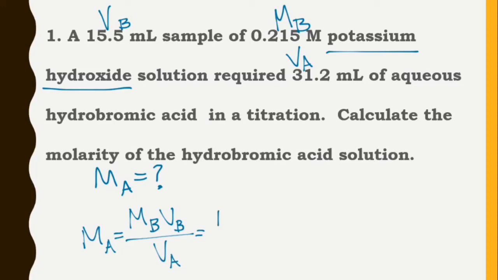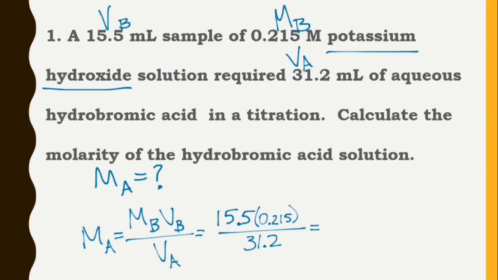I'm just going to write them in the order that we find them. 15.5, 0.215, and then divide it by the other acid number. Now, in case you're wondering, no, it does not matter that these are milliliters in the slightest. Just like with the dilution problem, it does not matter. So, no milliliter to liter conversions in this unit.